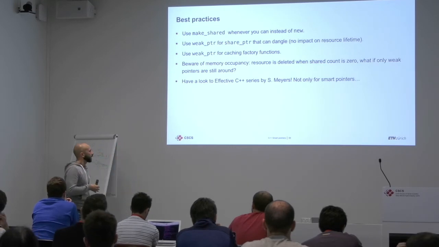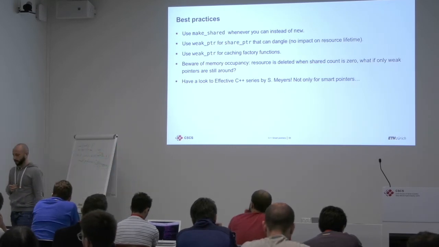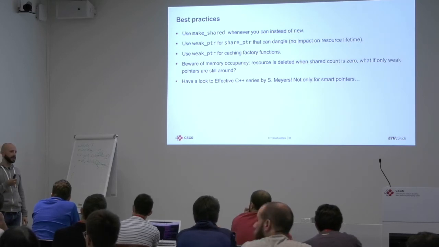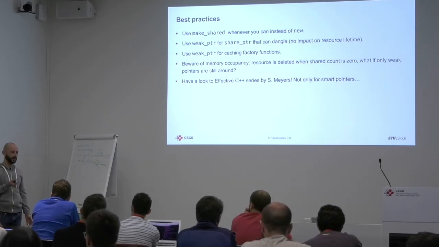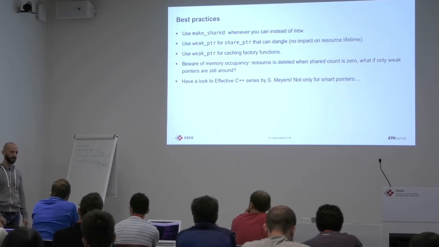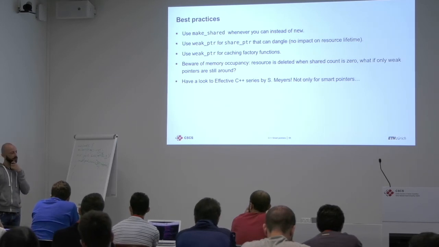Well, the idea here, I think, is that if you are completely aware of what we are doing, raw pointers are still something, of course, that you can use everywhere in your code. If you're completely aware and you don't need to do anything special in terms of shared ownership, raw pointers are still working and they are perfectly fine. If you need to provide an interface function with pointers, yes, that could be a possibility, I think.